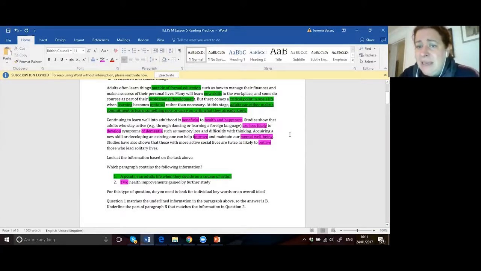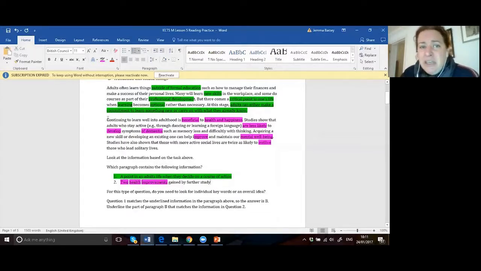Okay, so you've highlighted the key words, and from beneficial, we know that beneficial has a similar meaning to improvements, okay? The benefits, something that is positive, and improve is something positive. So we know from these key words that this paragraph is going to link us back, because we've also got health, and then we've got beneficial to health, improve mental well-being. So by building up the keywords, we don't need to reread the paragraph again because we can match our keywords to the summary, which is 2 health improvements gained by further study.